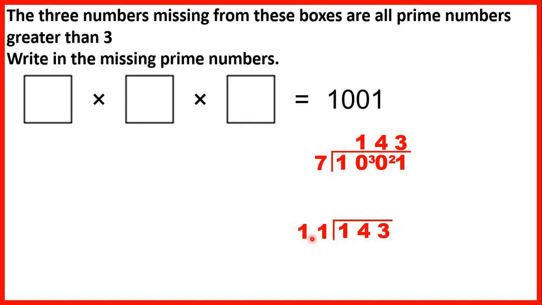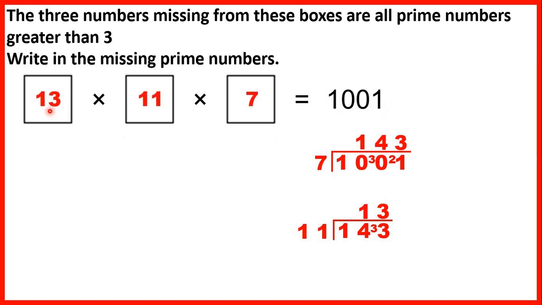14 divided by 11 is 1 remainder 3, and 33 divided by 11 is 3, and 13 is a prime number as well. So we know from this that 13 times 11 must be 143, and then 143 times 7 gives us our answer.